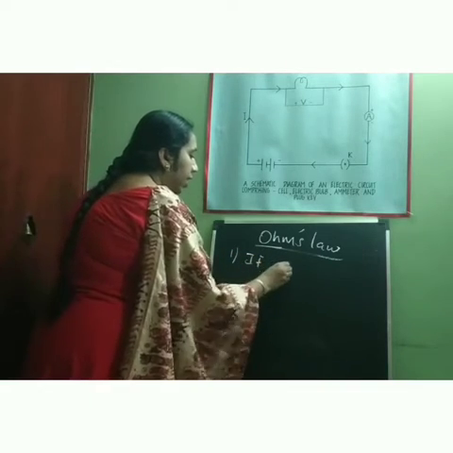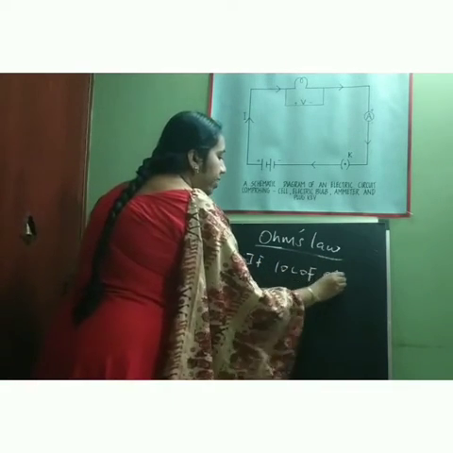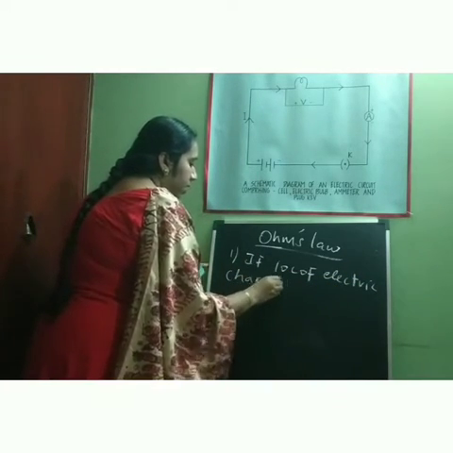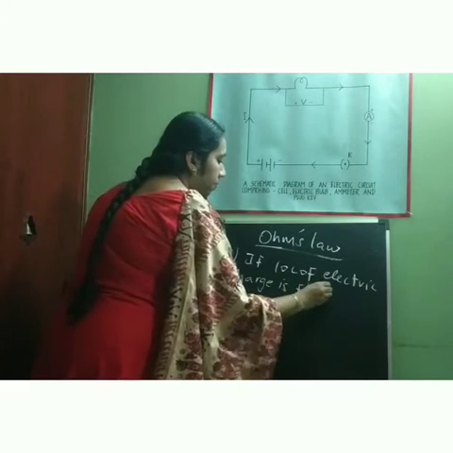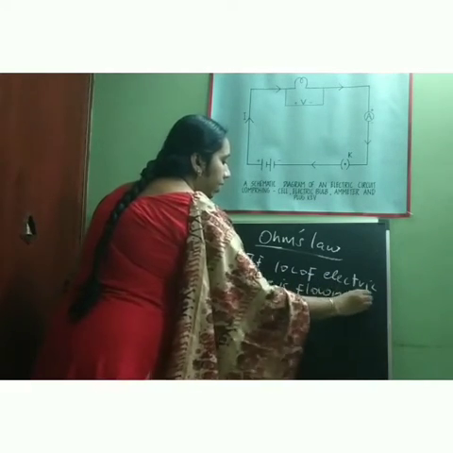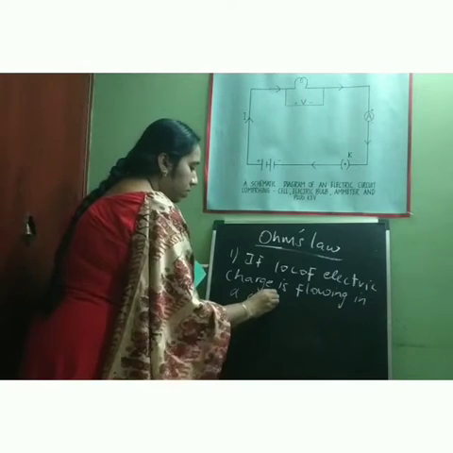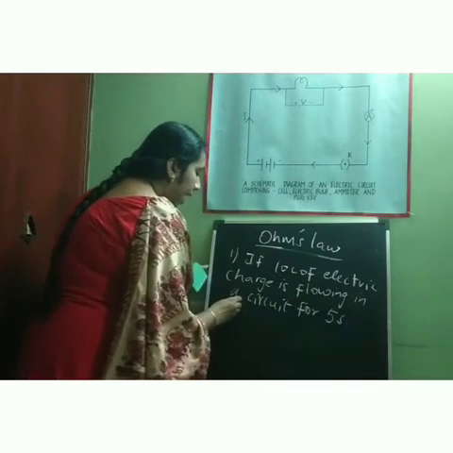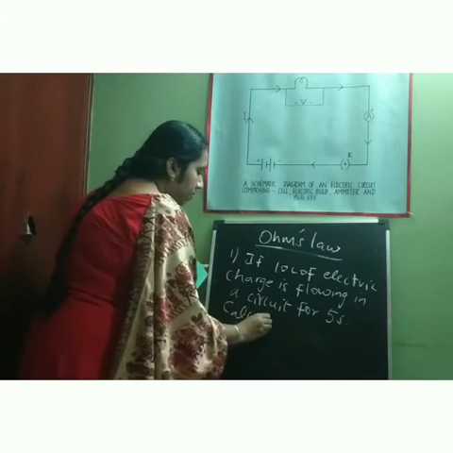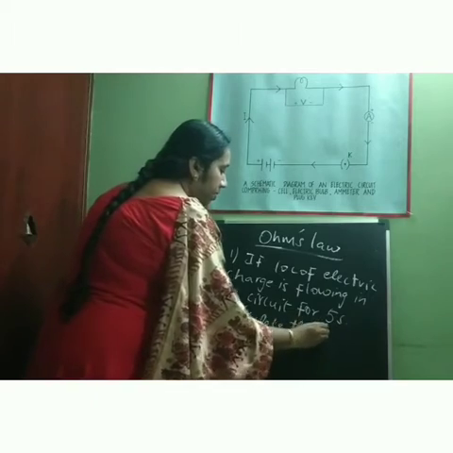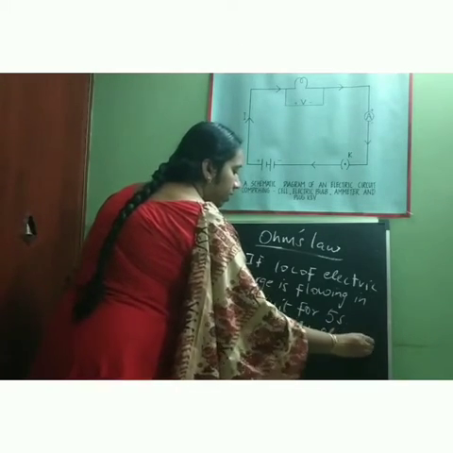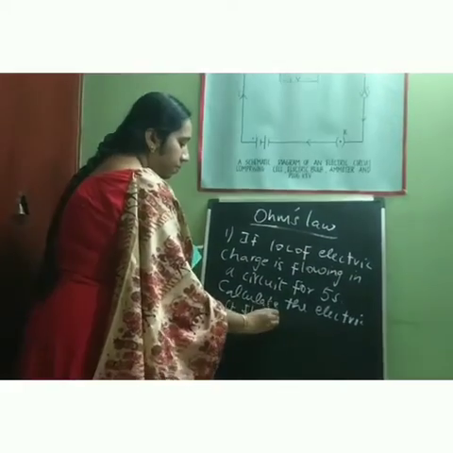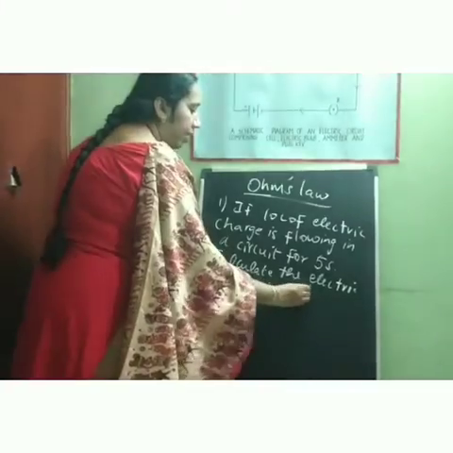If 10 coulomb of electric charge is flowing in a circuit for 5 seconds, calculate the electric current flowing in the circuit.